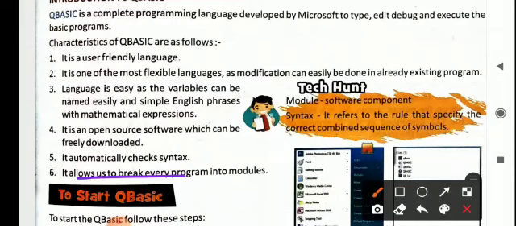And then with some programming technique they combine those segments together and give the solution for the complex problem as a whole. So this is what a module is. A module is a segment. You can see here, a module is a software component, and syntax refers to the rules that specify the correct combined sequence of symbols or statements.